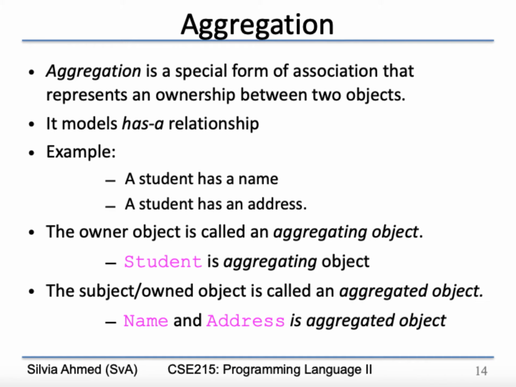For example, we have just seen a student has a name or a student has an address. The owner object is called aggregating object. So here the student is aggregating object and the owned object is called aggregated object. So the name and address class is our aggregated object here.